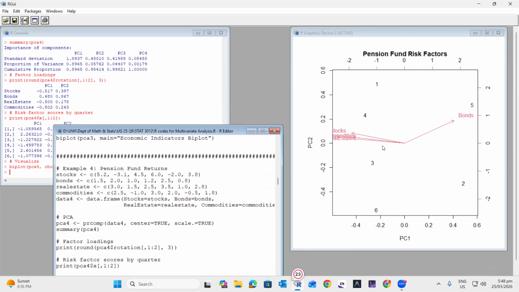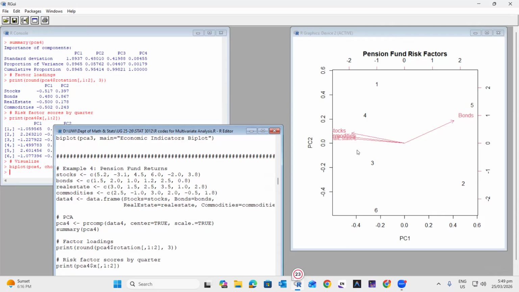So PC1 can be labeled the market risk factor, such that the positive PC1 is equal to the safe or bond quarter, and negative PC1 is basically equal to the risk asset quarter, and PC2 here separates bonds up on the upside from the risk assets slightly differently across time.